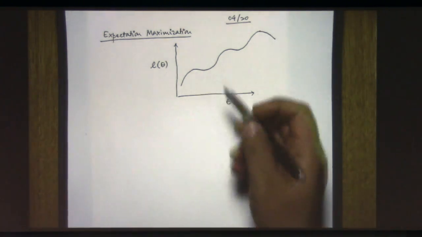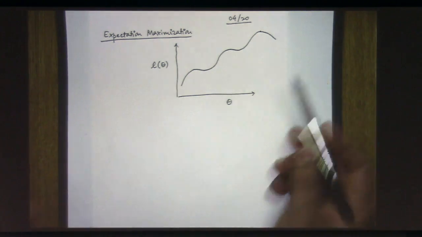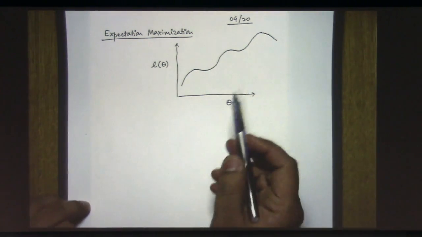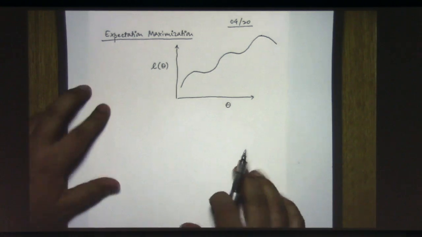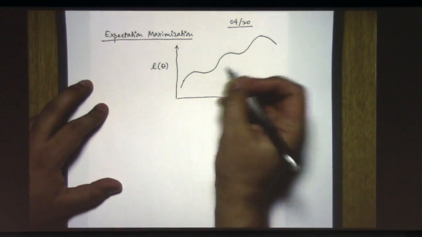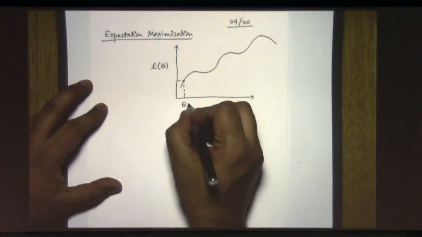Of course, one of the things that we have seen is to use gradient descent based methods. But what if the gradient of this is hard to compute? In that case, we have this other method called expectation maximization. The way that works is, let's say we start at some value of theta, some theta at time t.